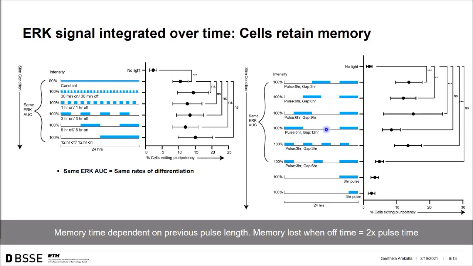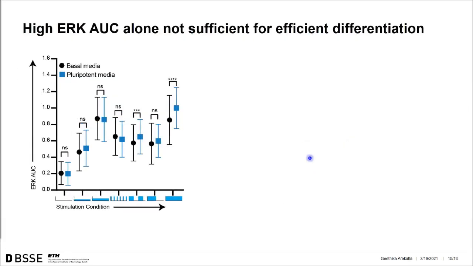Which shows that the memory is actually dependent on the length of the previous pulse. So cells basically lose memory when the gap is twice the amount of the previous pulse, which was interesting to find out.